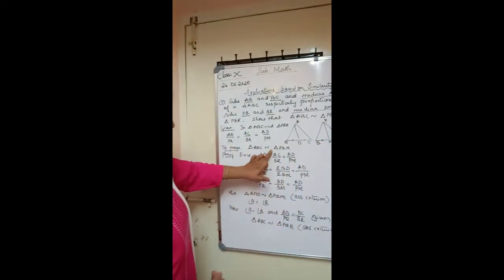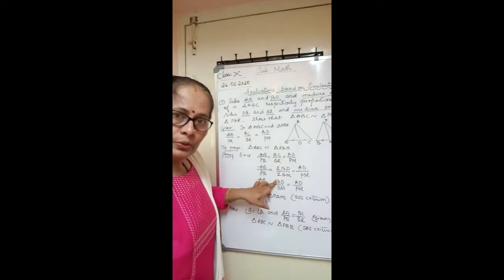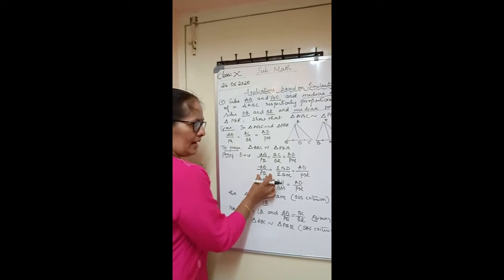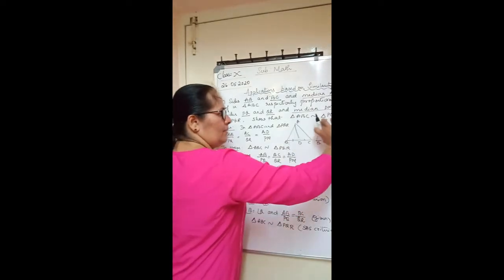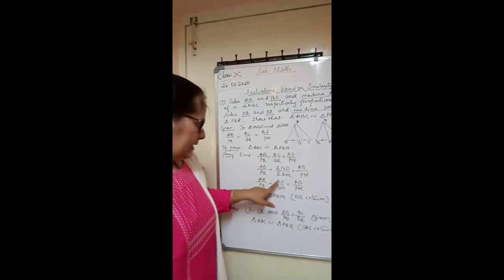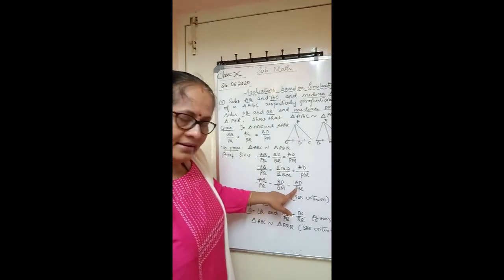Now replace BC with 2BD and QR with 2QM. The 2 cancels, so what you get is AB by PQ equals BD by QM equals AD by PM. Now see, these are the three sides of one triangle proportional to the three sides of the other triangle, right?